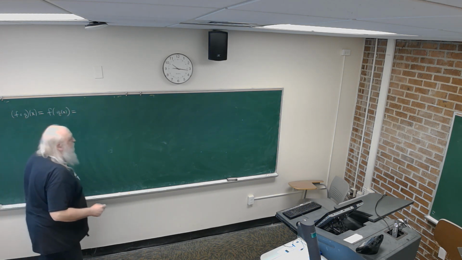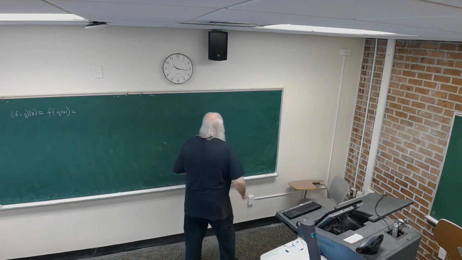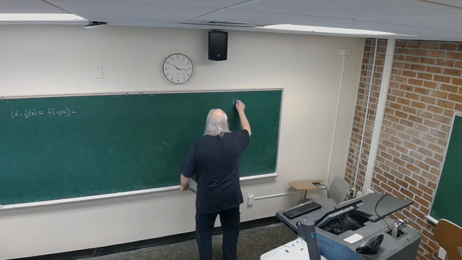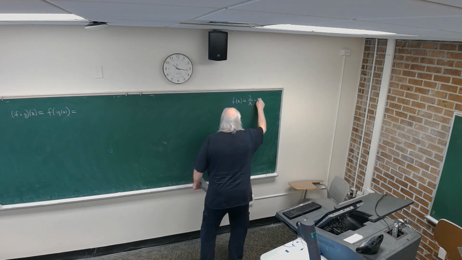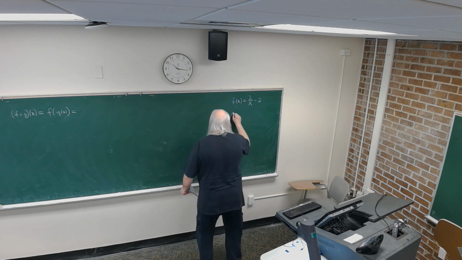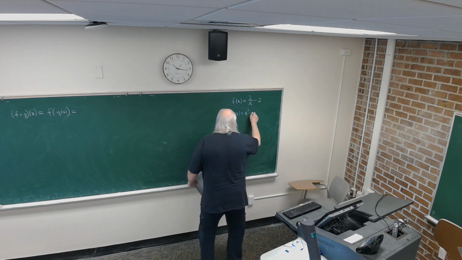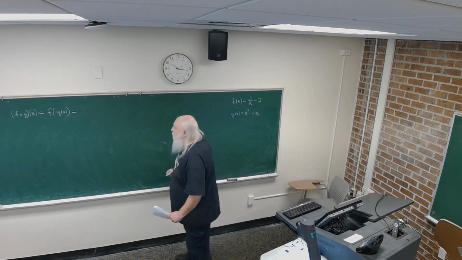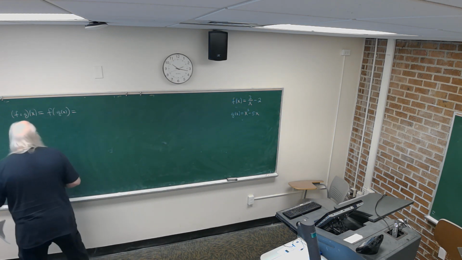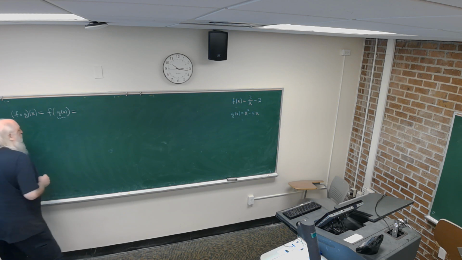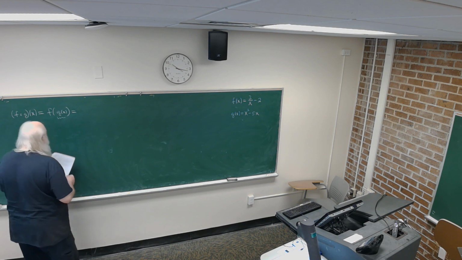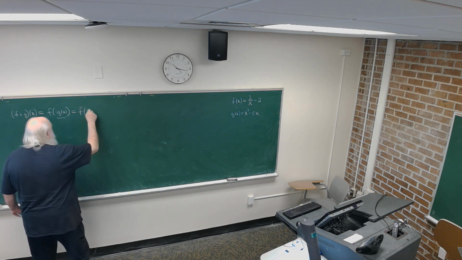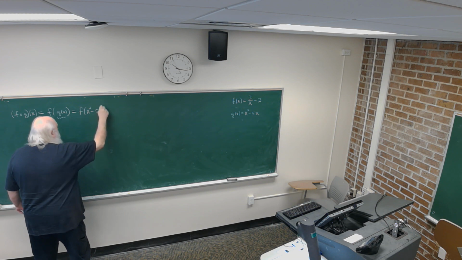Let's just remind ourselves f of x is equal to 3 over x minus 2, and g of x is equal to x squared minus 5x. So the first step is replace g of x with what it's equal to, x squared minus 5x. So this is equal to f of x squared minus 5x.